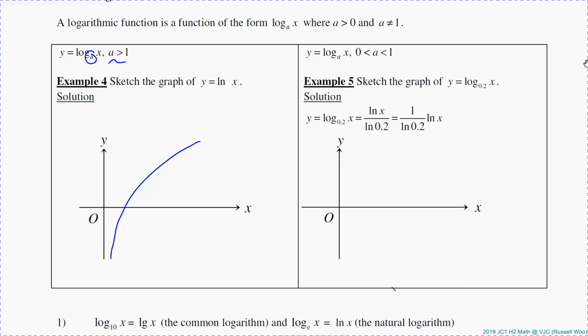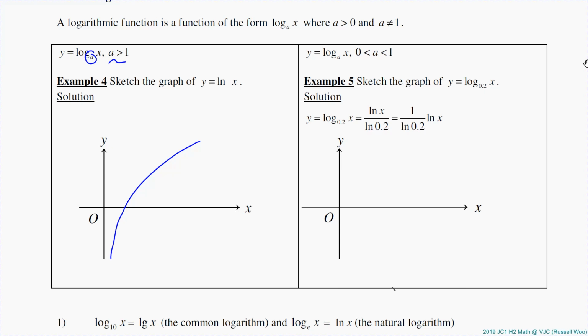Now, can you tell me, ln 0.2, is it a positive number or negative number? Negative, it is a negative number. Ln 0.2 is a negative number. So you take a negative number times ln x. So whatever that was positive here will be reflected below, whatever that's negative here will be reflected above.